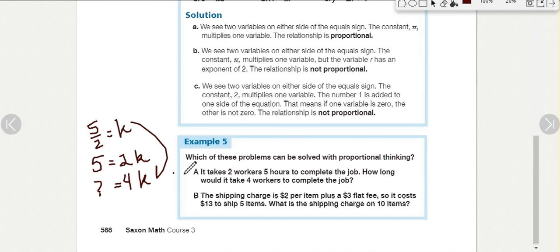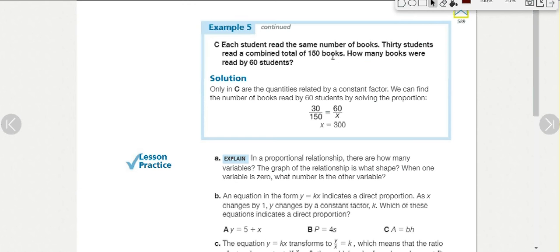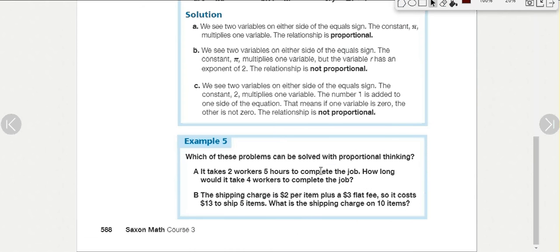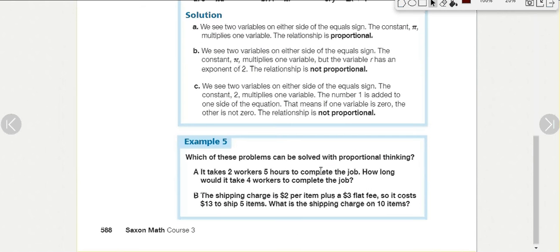I don't know. You would think you could do that, but it's saying because it's not related by a constant factor. I'm thinking because in the case of the books, they read the same number of books. Each student is reading the same number, no matter how many amount we use.